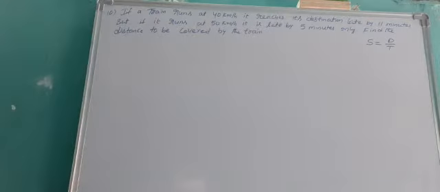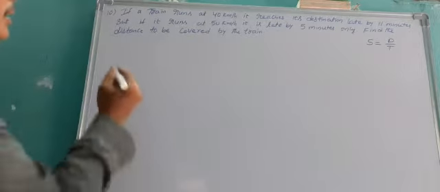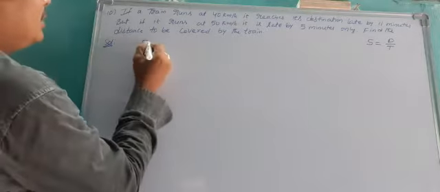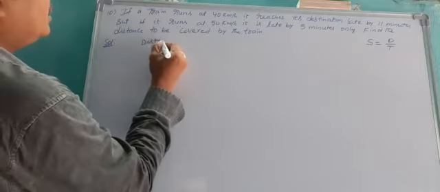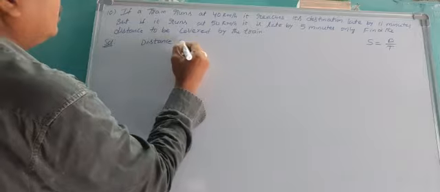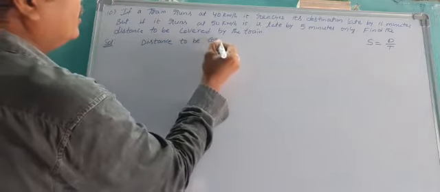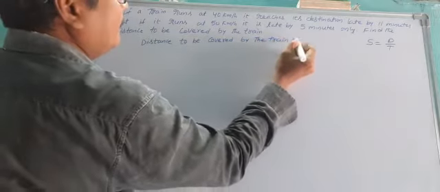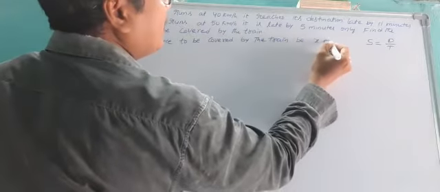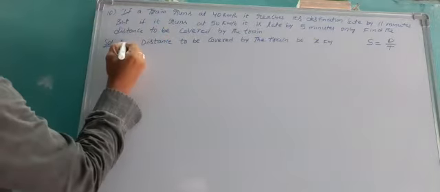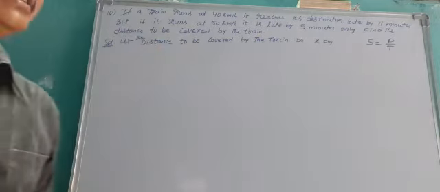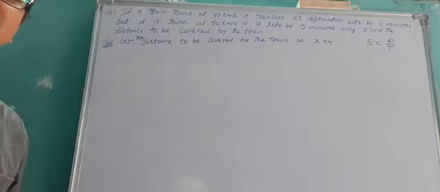Okay, so how to solve this question? I will explain in a very simple manner. We want to find the distance between two stations. So let the distance to be covered by the train be x kilometers.